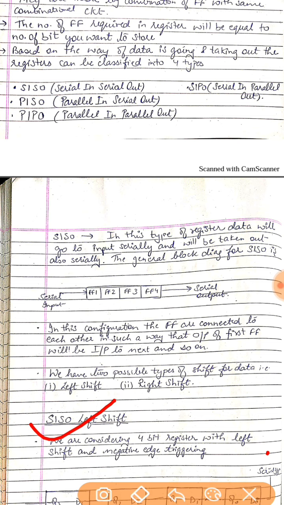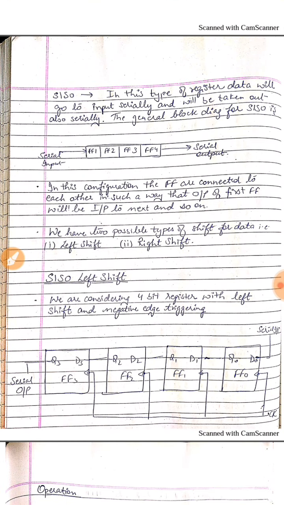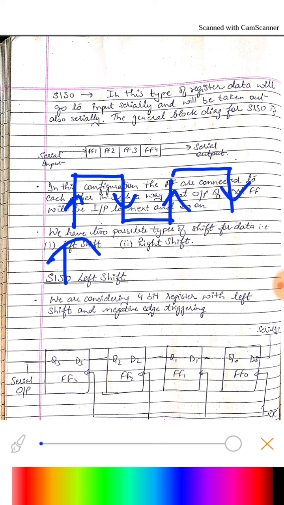Okay, so let us consider a 4-bit register with negative edge triggering, and you all know what negative edge triggering is. This is the positive edge and this is the negative.